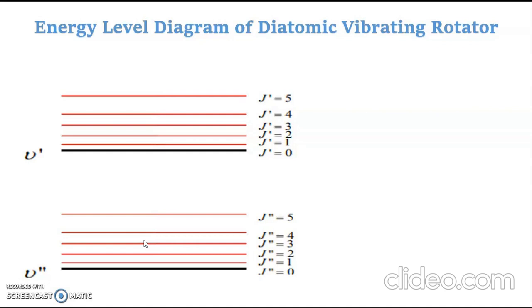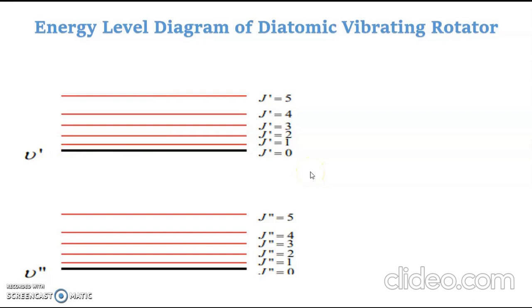Now let us look at the transitions of rotational levels between two vibrational levels. Here we are considering only two vibrational levels. Spectroscopically, double prime is normally used to represent the ground state and single prime is used for the excited state in all cases.